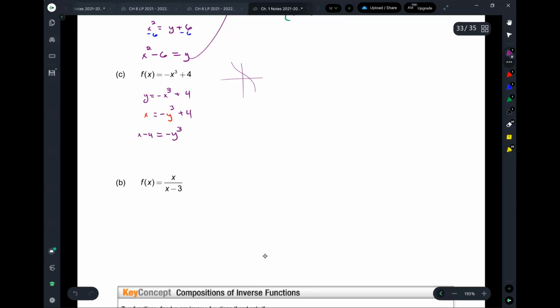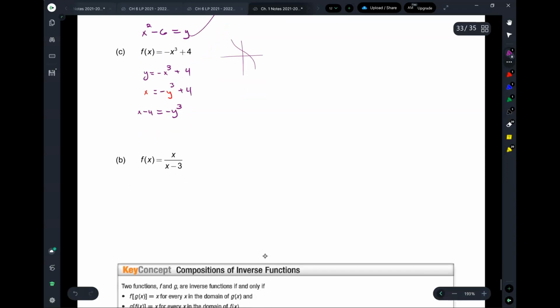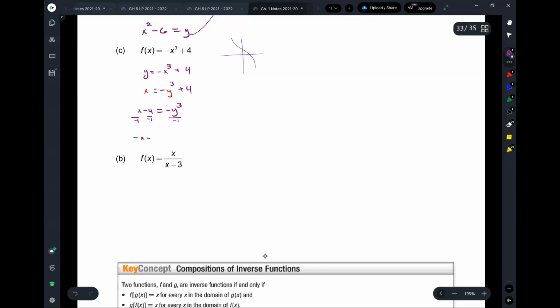Let's divide everything by negative 1, because I have a negative y cubed and I'm trying to solve for y. So I have negative x plus 4 is equal to y cubed. You want to divide by a negative to make this negative go away because you're solving for y. You want to get y alone.